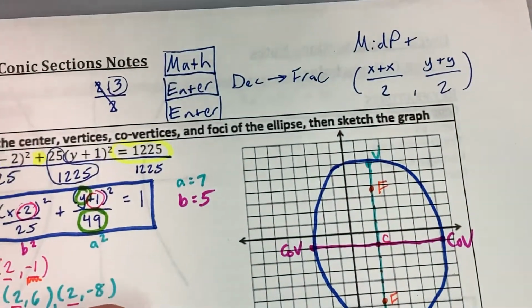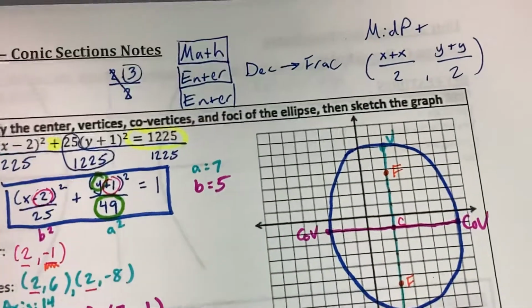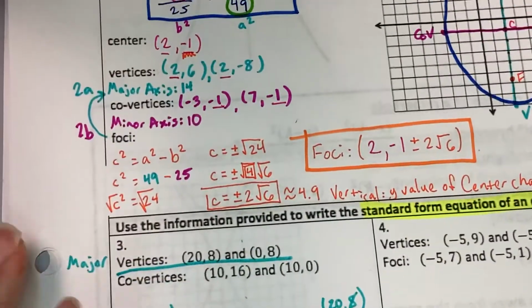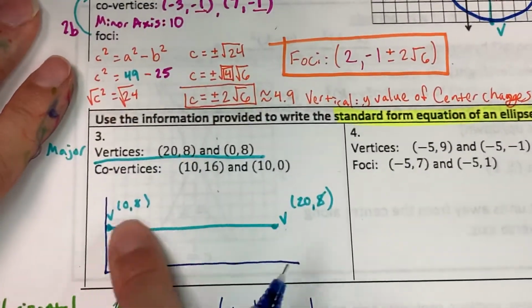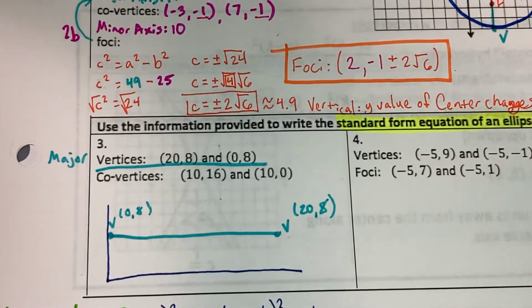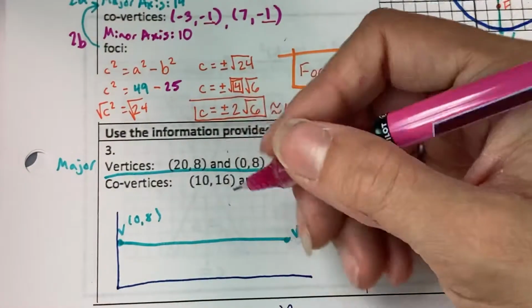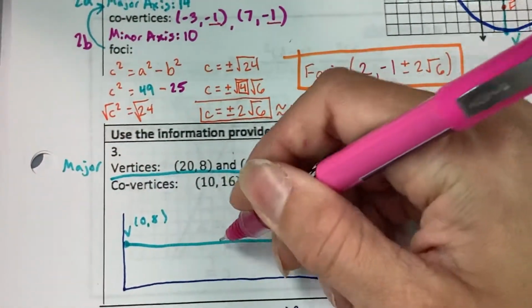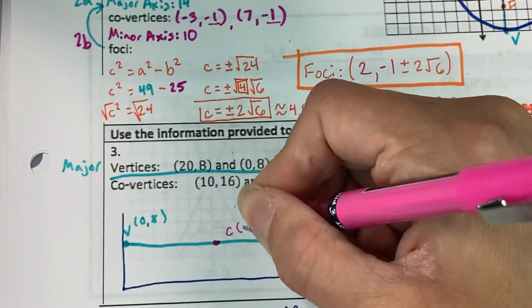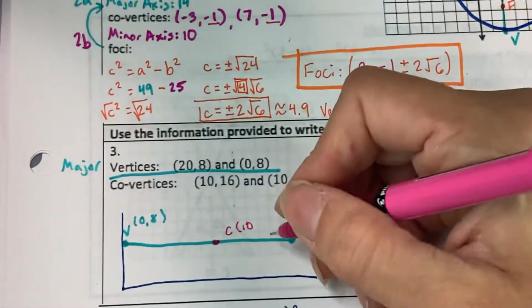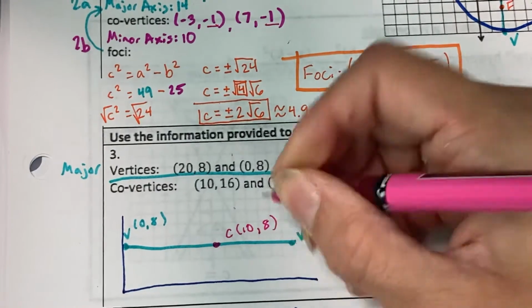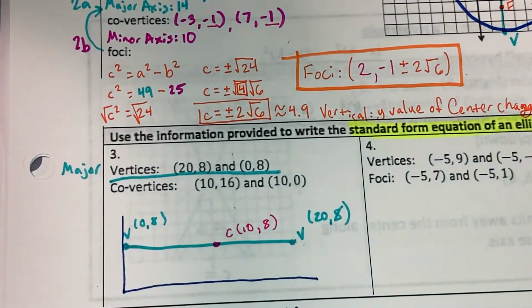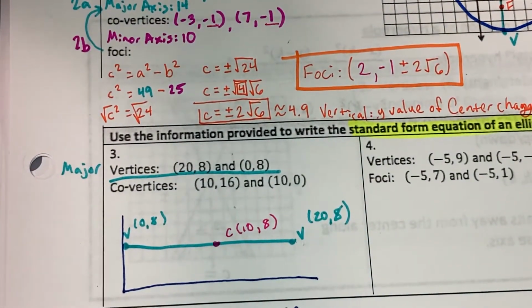So you're just essentially taking the average of the values. So if I want to find the midpoint of my major axis, which will be the center, I take 28 plus 0 divided by 2, which would be 14. And 8 plus 8 is 16, divided by 2 is 8. So that tells me that my center is at 14, 8.